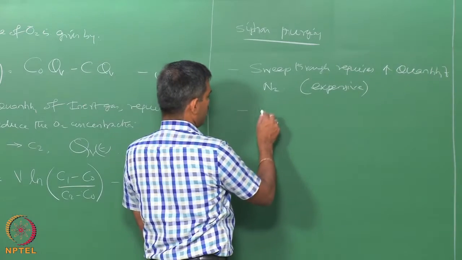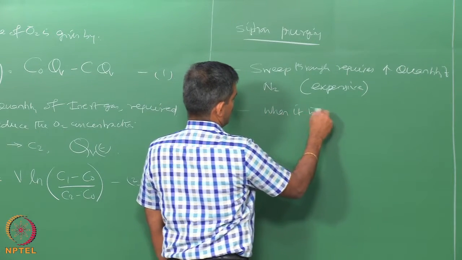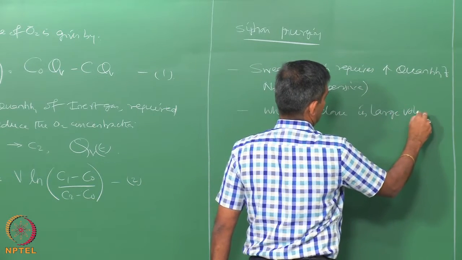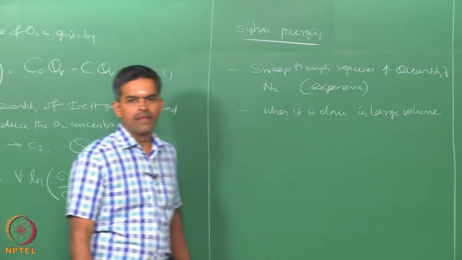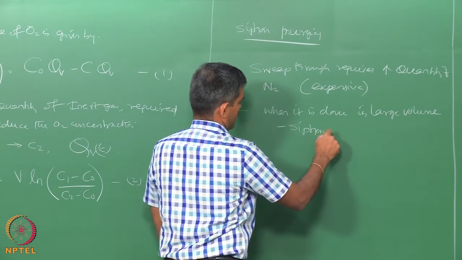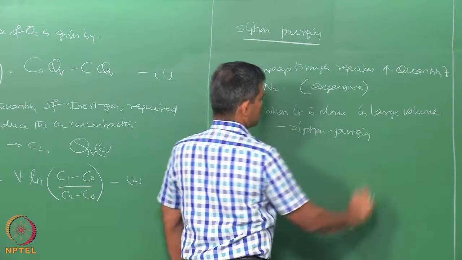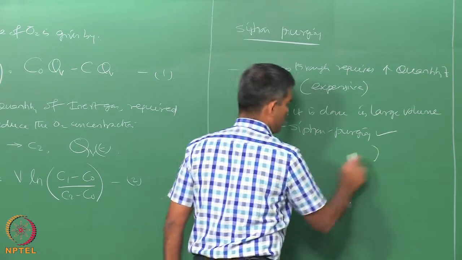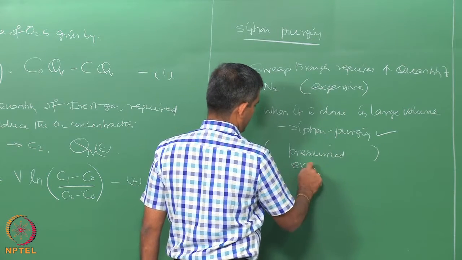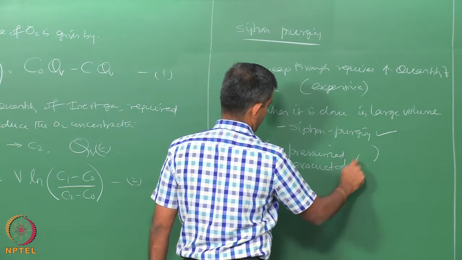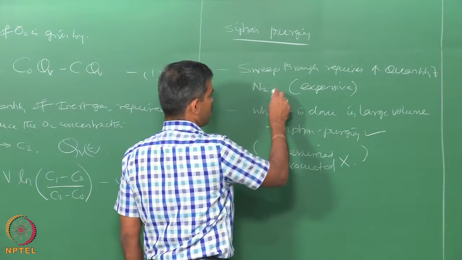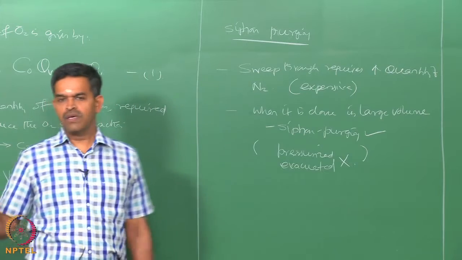It becomes especially expensive when it is done in a cylinder of large volume. In such cases, alternatively siphon purging is done. Interestingly, siphon purging is done to vessels which cannot be pressurized and cannot be evacuated. Okay.